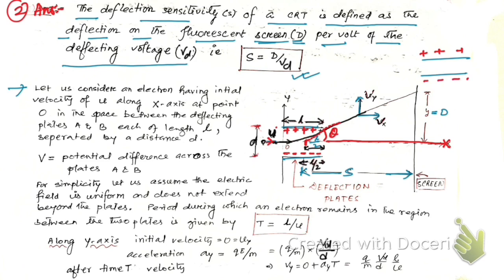The time taken to reach this point from this point, during which it travels between these two plates, we take as capital T. If the length of the plate is L and it is moving with velocity u, then the time period is given by T equals L by u.